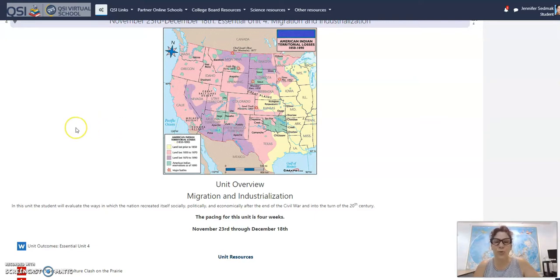However, as you learned in the Reconstruction activity in the last unit, those who stayed faced a lot of violence and backlash from Americans who fought with the Confederate forces and lost. So a number of African Americans left the South and moved out west, namely here to Kansas. Those African Americans who left the South and moved out west were called Exodusters. It's a biblical term, a mass migration to the west in this case, and they became farmers.